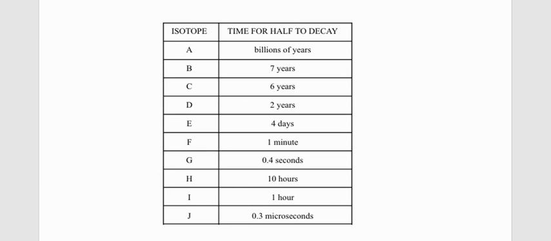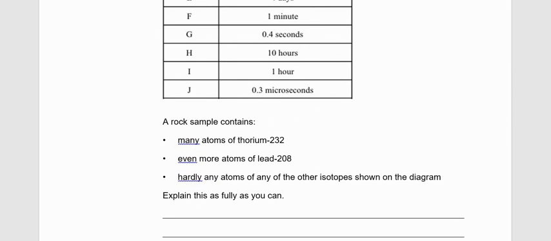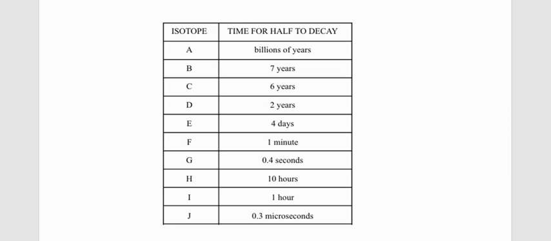And then finally, why does a rock sample contain a large quantity of A, almost none of B through J, and a very large number of lead-208 particles? Well, the half-life of thorium-232 is billions of years. So that means that there will still be many thorium atoms remaining.